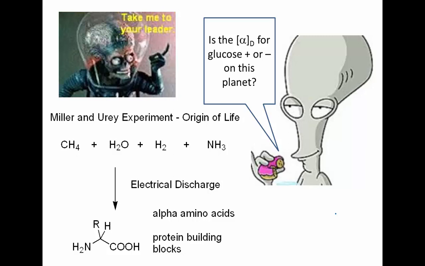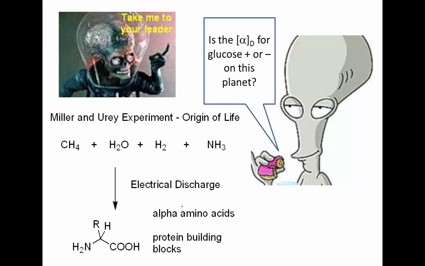But from their experiment, you only get the racemic material. So one of the big mysteries in the origin of life is how did all of these things become chiral? Science really does not have a universally accepted explanation for that at this point.